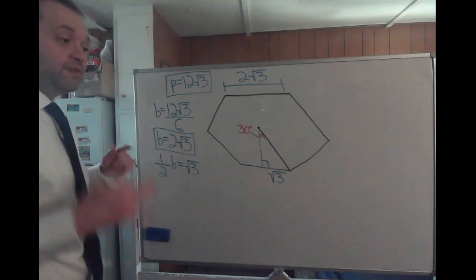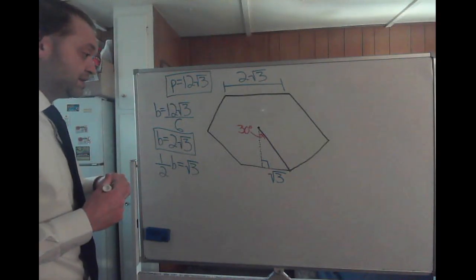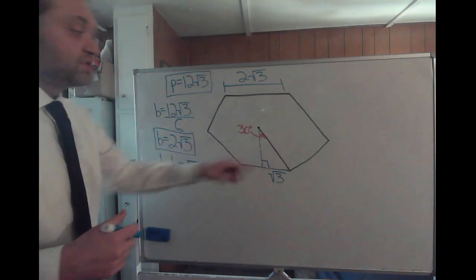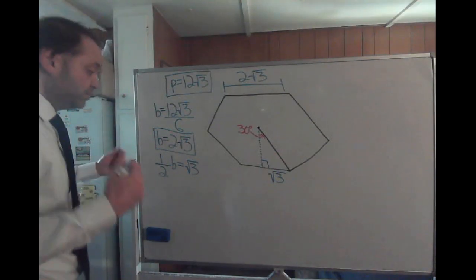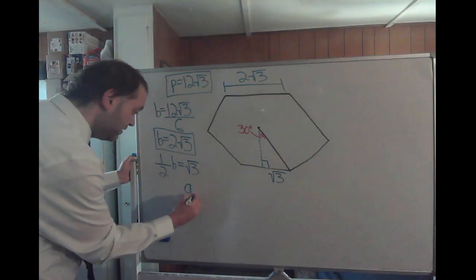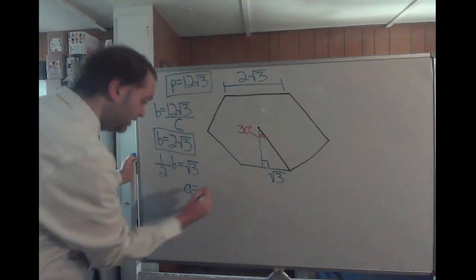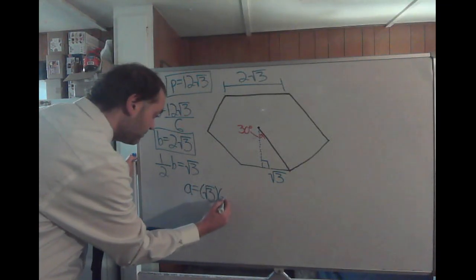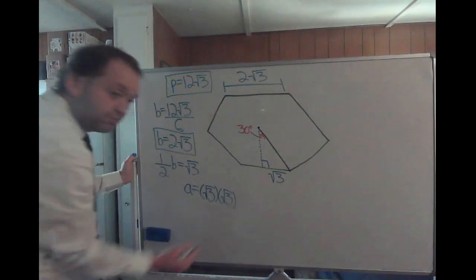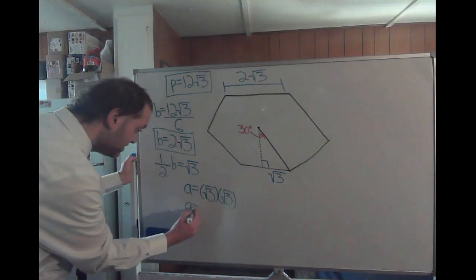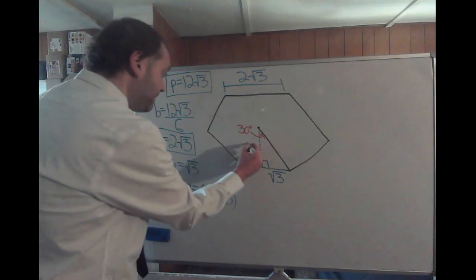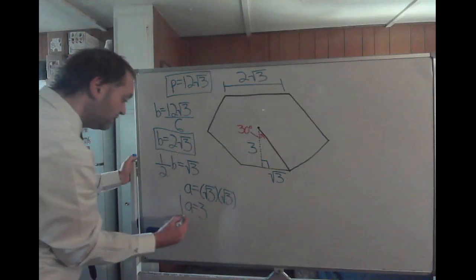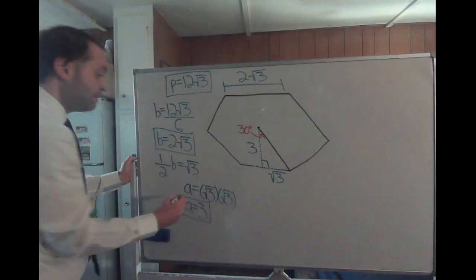Now from there we can find the apothem and the radius. The apothem, of course, is across from the 60-degree angle. That's going to equal the length of your shorter leg, which would be the square root of 3 times the square root of 3, which means the apothem itself is just equal to 3.